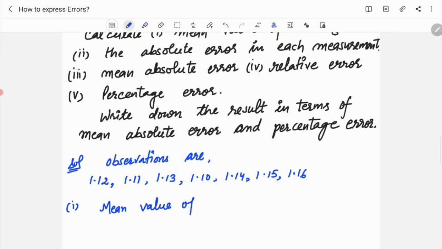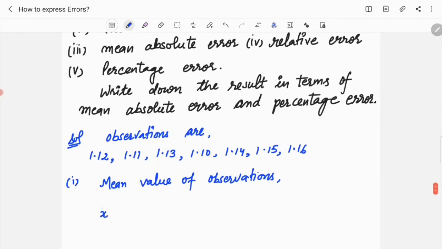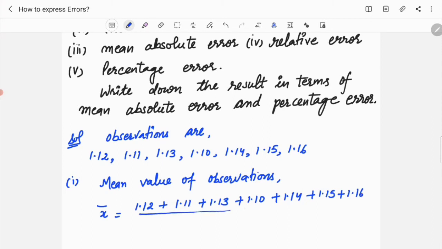The mean value of the observations, that will be x bar, is 1.12 plus 1.11, 1.13, 1.10, 1.14, 1.15, 1.16, whole divided by 7.